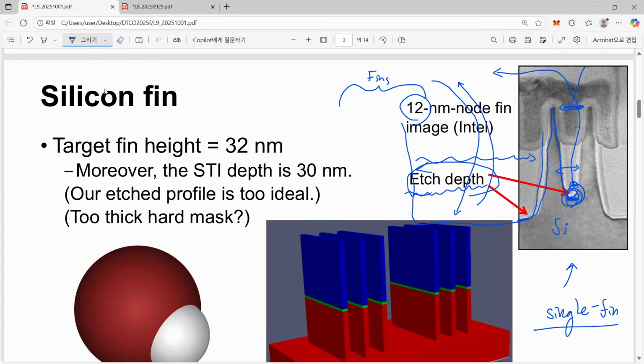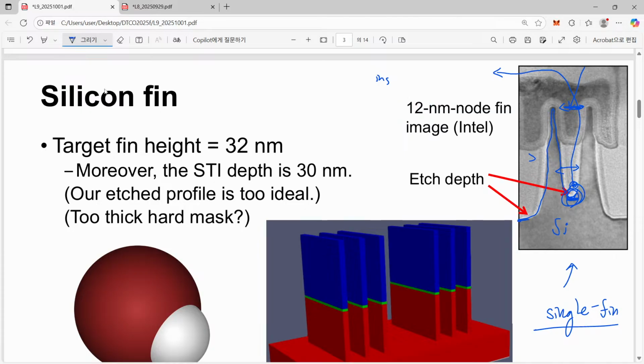How can we realize this kind of effect in our simulation? In order to consider this kind of simulation, we have to consider the surface reaction itself. We have to control the movement of etchant to that surface point.